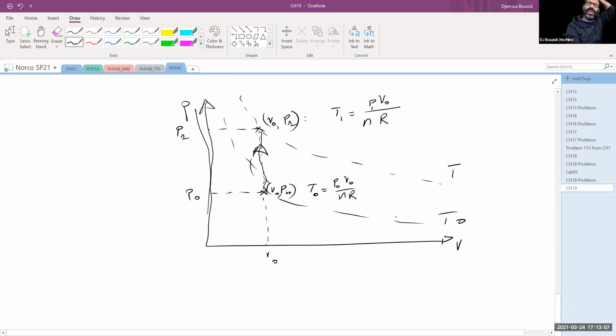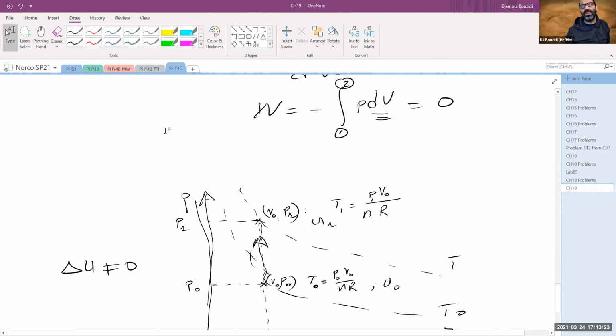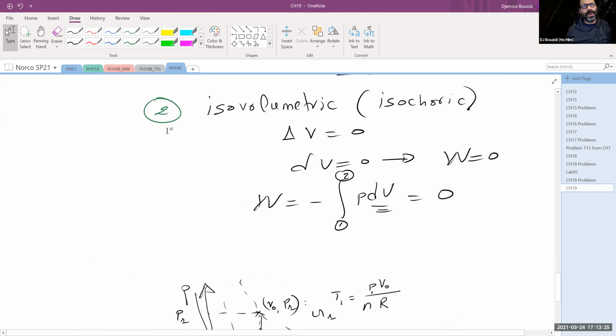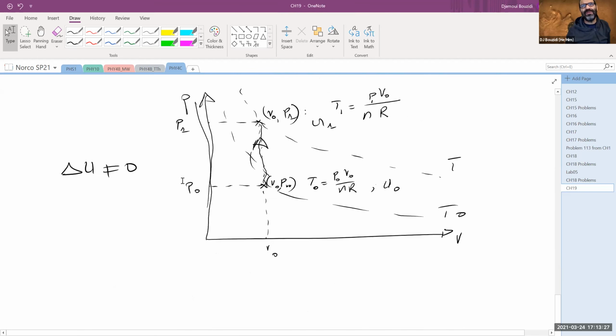So there is definitely a change in the energy: the energy here is U1, and the energy there is U0. The energy went up because the temperature went up. So delta U is not equal to 0 in this case at all. This is called an isochoric or isovolumetric process, where the volume does not change. Okay, so W is 0.